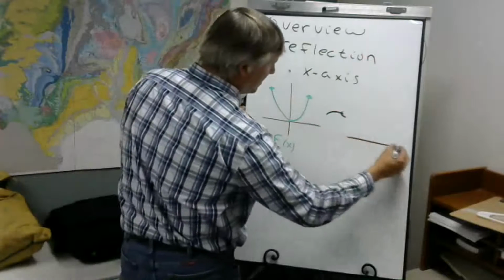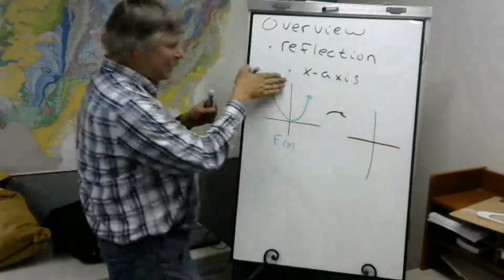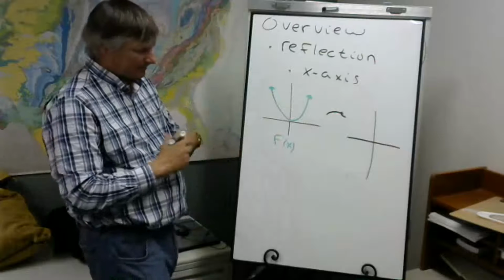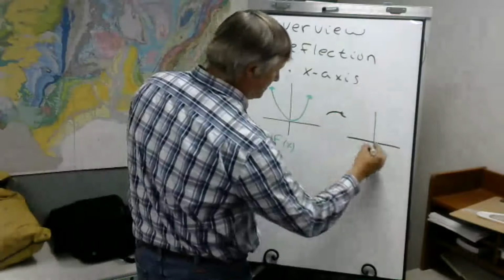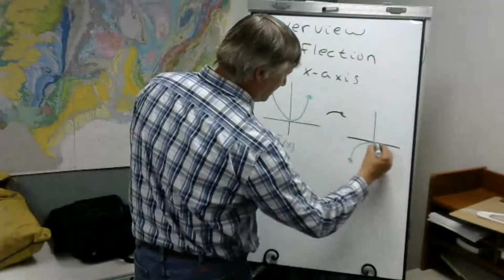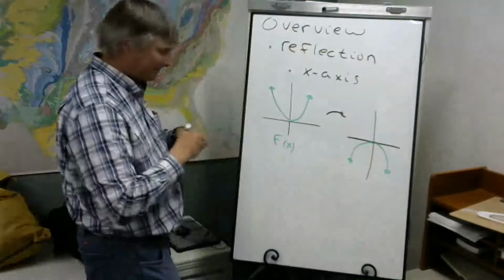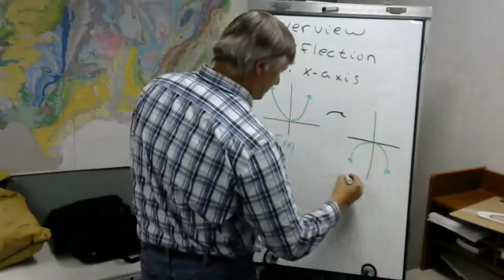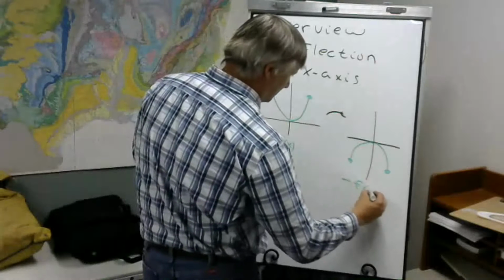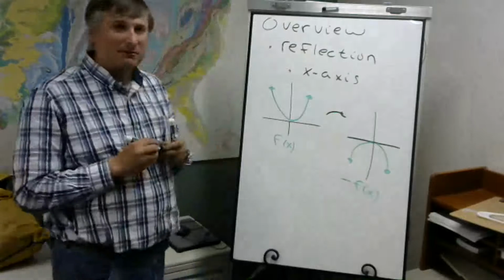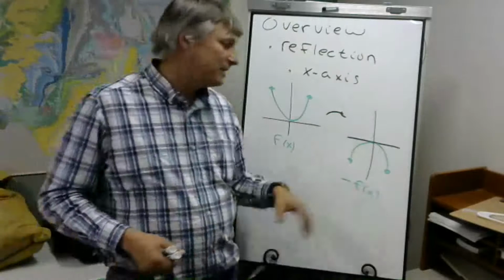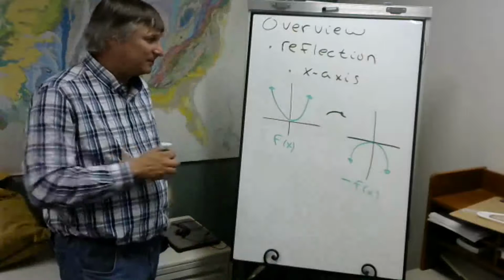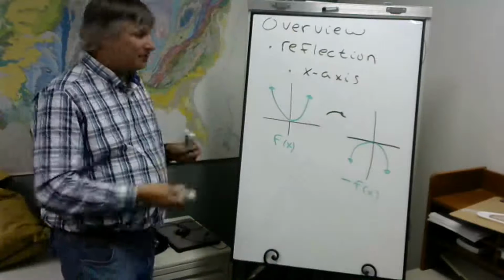You want to flip it across the x-axis like this. That's a reflection across the x-axis. So to do this, to flip it vertically, we just attach a minus sign to f of x. We change the signs on the output. All right. So that's across the x-axis.